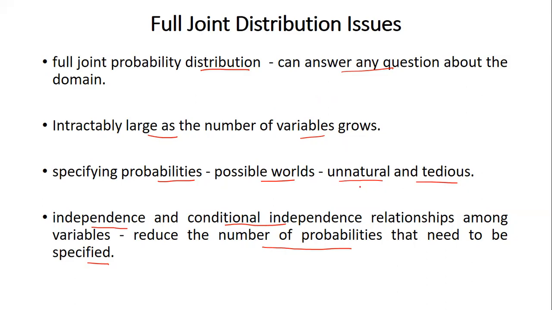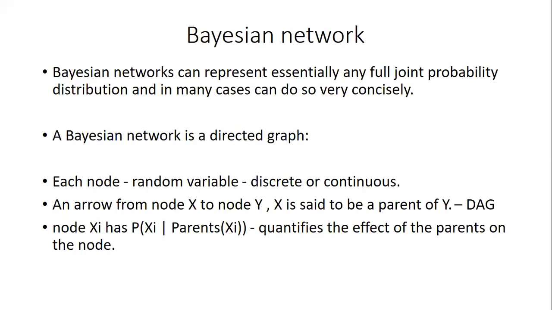And some of the variables may not be really dependent at all. For those variables, if you are identifying the conditional probability, the result will be nothing but the same as the unconditional probability. But still we are working it out, which is not required actually. So these are some of the drawbacks with full joint distribution.